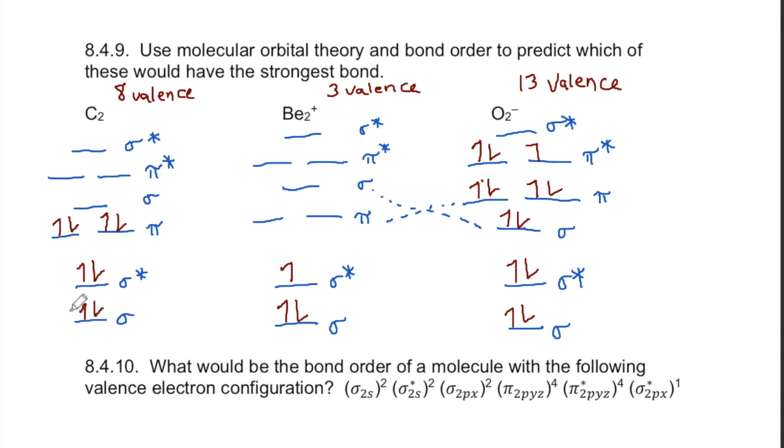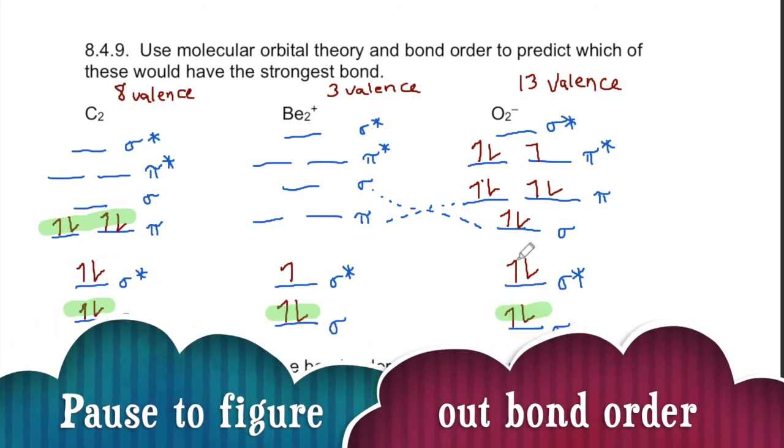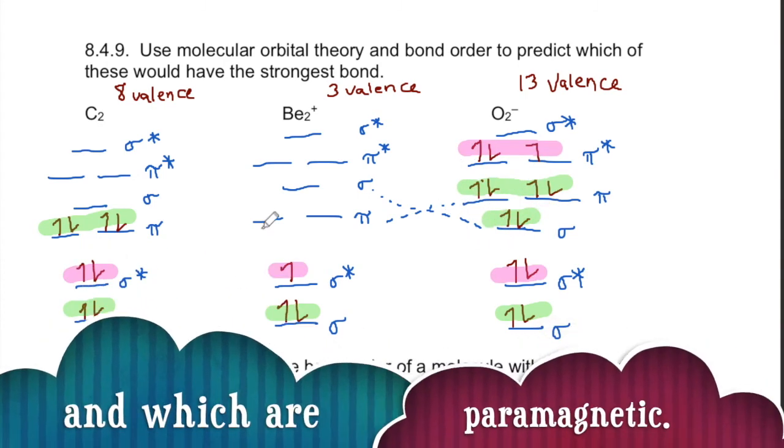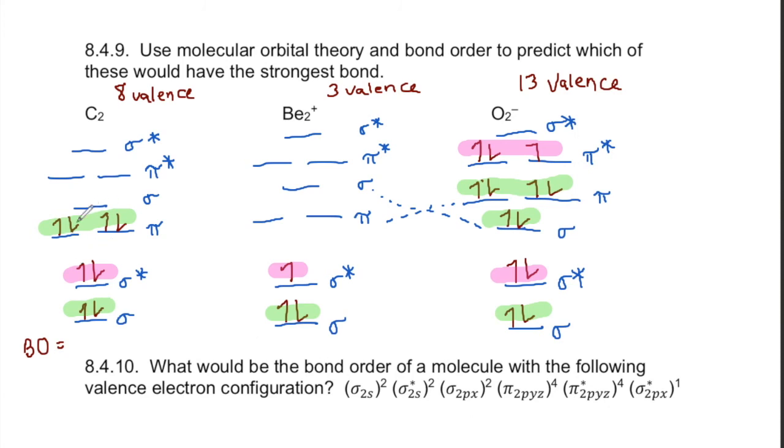So to predict the bond order, I will go ahead and highlight which electrons are bonding and which ones are anti-bonding. And then I can calculate the bond order. We have 6 bonding electrons, 2 anti-bonding electrons. We'll put that over 2. So that is 4 over 2, which is 2.